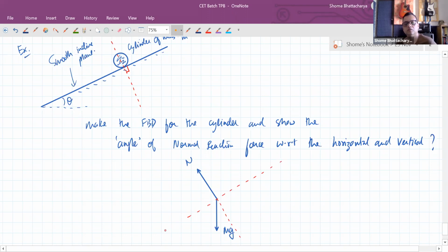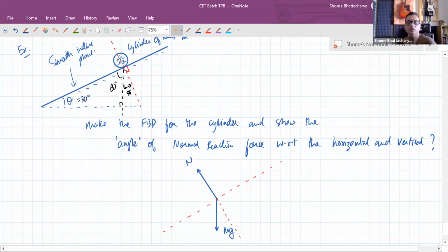This is the inclined plane axis. So let's take in our example, suppose theta is equal to 30 degrees. Okay. So here, because this angle is 90, what we'll understand is that if we draw a vertical line over here, this angle is 60 degrees, which means that this angle is 30 degrees.